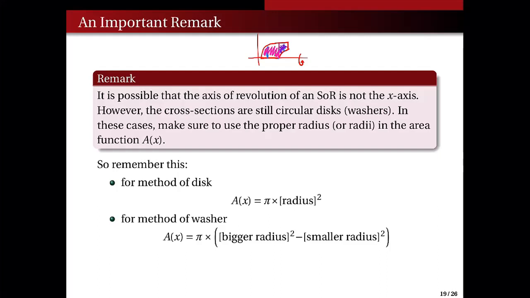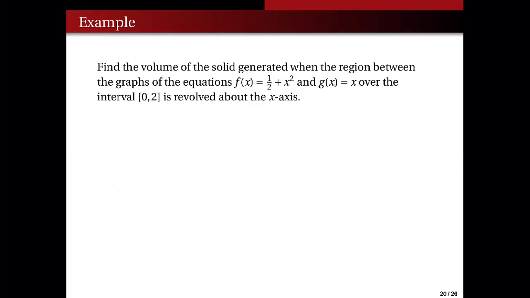Let us consider some examples here. Find the volume of the solid generated when the region between the graphs of the equations f of x equals 1 half x squared and g of x equals x over the interval 0, 2 is revolved about the x-axis. So let's start with f of x equals 1 half x squared.